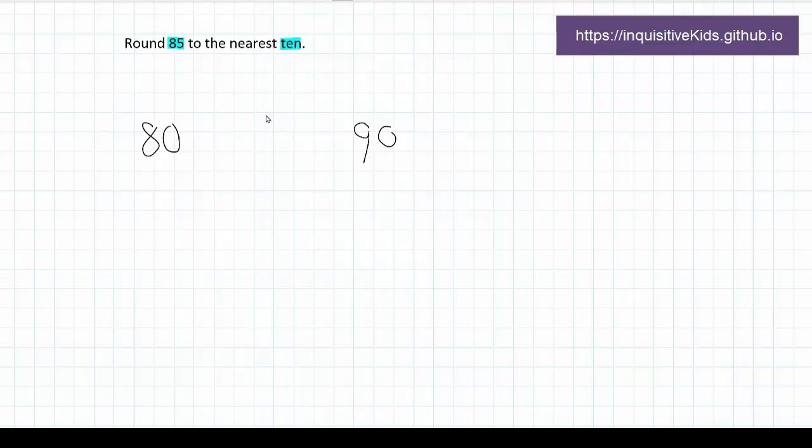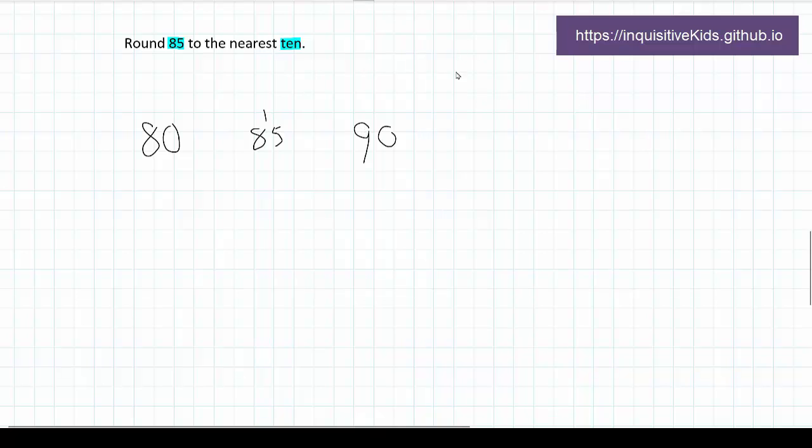What is the direct number in between 80 and 90? 85. But wait, we're trying to round 85 to the nearest 10. 85 is, well, 85. So, how do we round it?